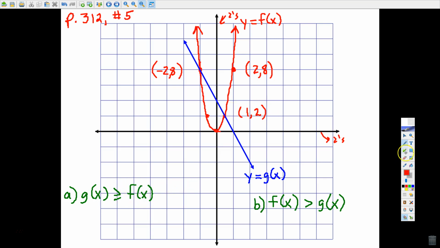Maybe some shading will help us identify it, though you don't have to shade. Where the blue is above is really right in here. This represents the area where blue falls above, so the green is below the blue line.